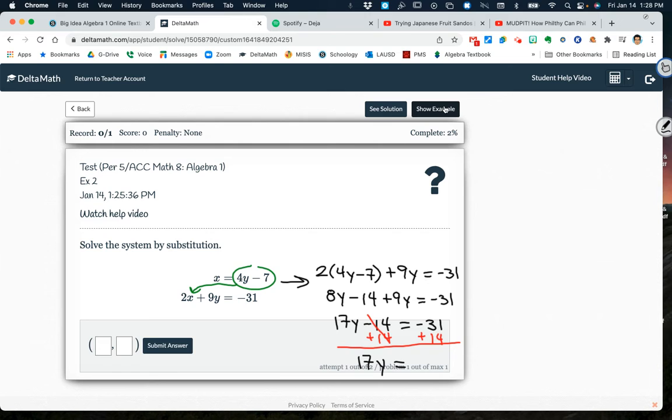Negative 17. And hopefully by now we can see dividing by 17 will give us y a value of negative 1. So this time we figure out the y value first. It's negative 1.